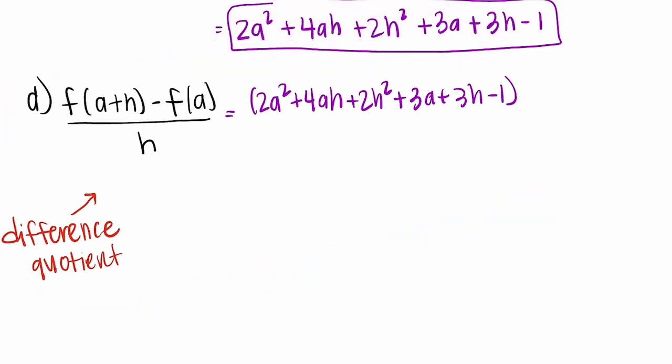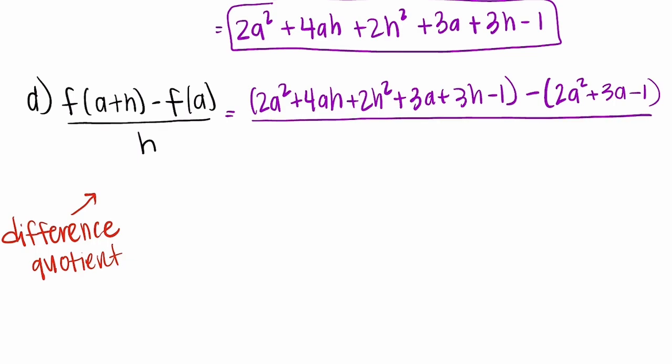There's a reason why we did each of those separately. F of a was our 2a squared plus 3a minus 1. And then all of this over h.